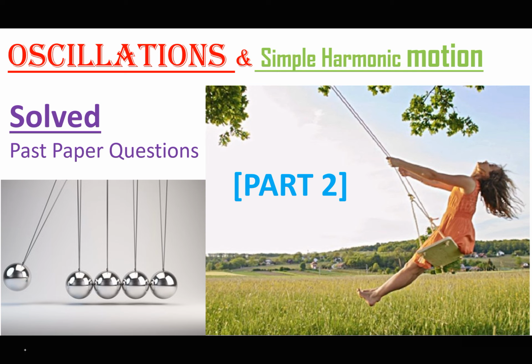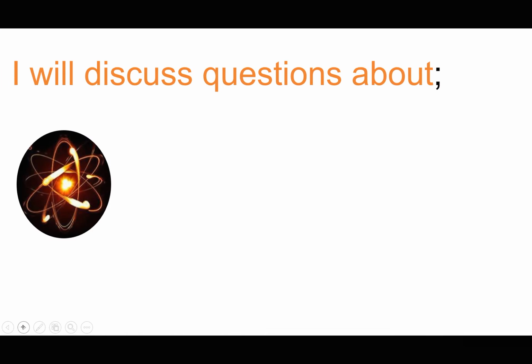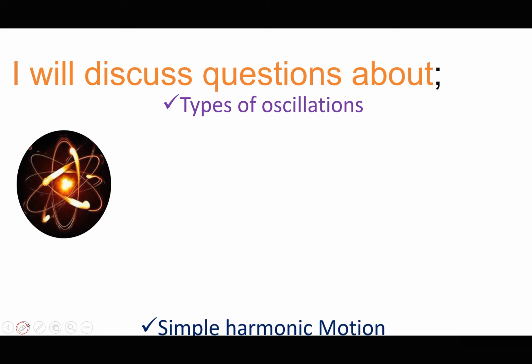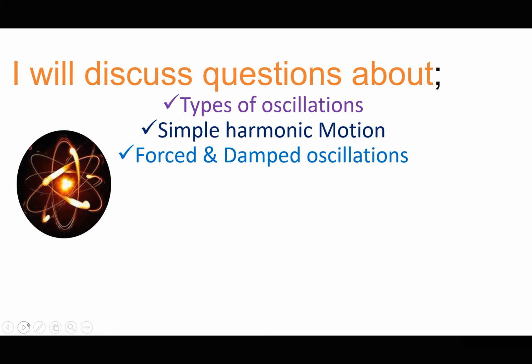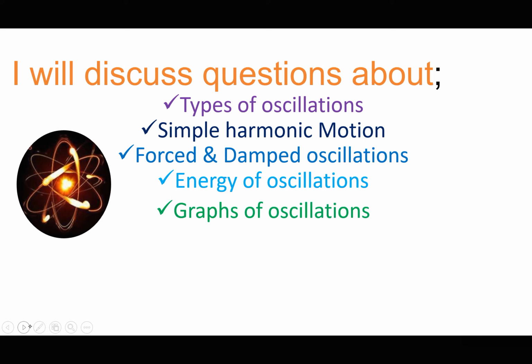So today I want us to move to part 2. I think simple harmonic motion will have a few more parts, maybe 4, 5, I don't know. But whatever it is, it will come to an end. Throughout these videos of simple harmonic motion and oscillations, we are going to see questions relating to the types of oscillations, simple harmonic motion, forced damped oscillations, energy of oscillations.